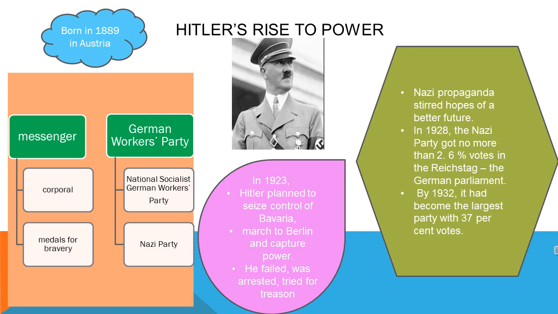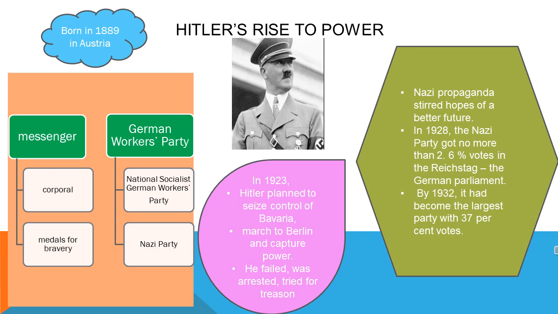In 1923, Hitler planned to seize control of Bavaria. He marched to Berlin to capture power, but he failed and was arrested and tried for treason.